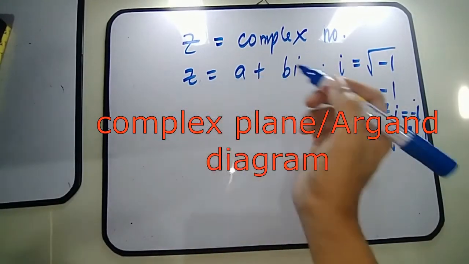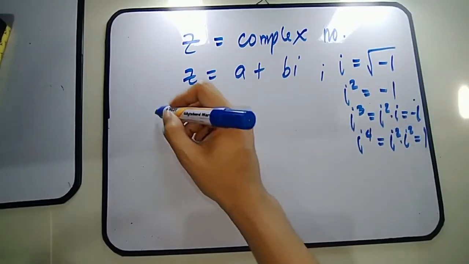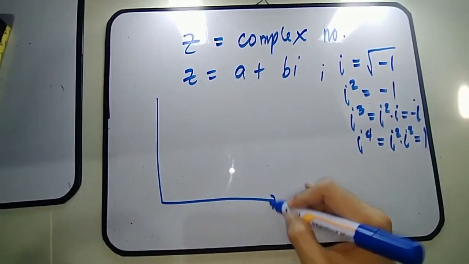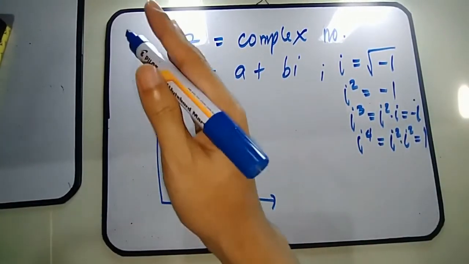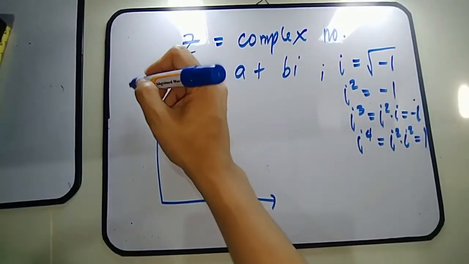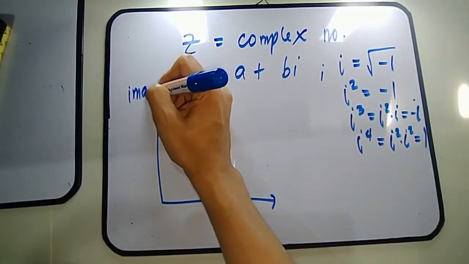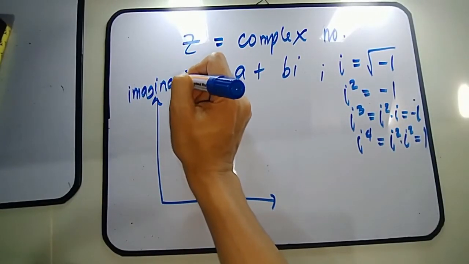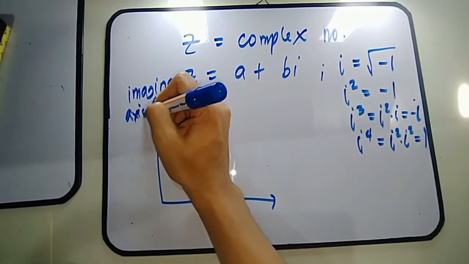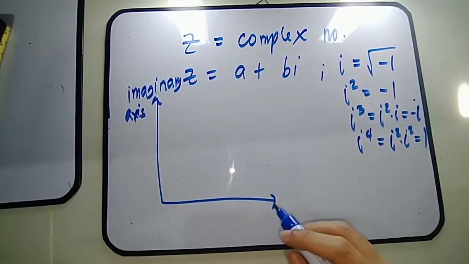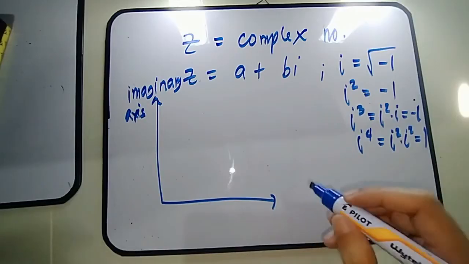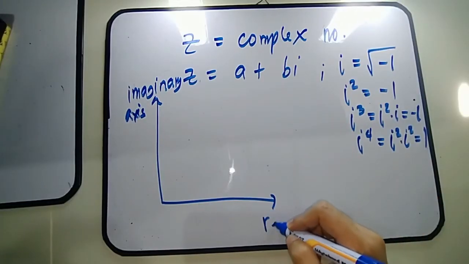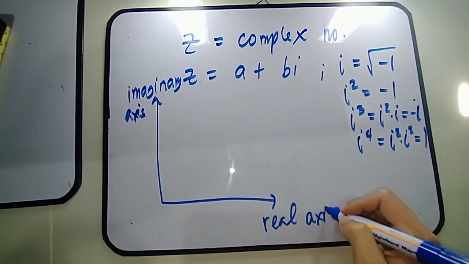So, the Argand diagram is like the XY plane or Cartesian plane. But here, our ordinate, the y-axis, is the imaginary axis. Then our abscissa, the x-axis, the horizontal axis, is what you call the real axis.